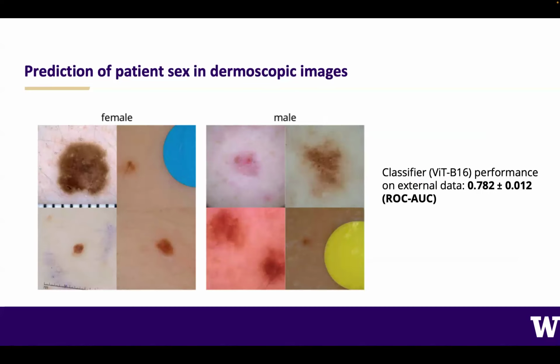We are able to train a ViT-based classifier with almost 0.8 AUROC on external test data. This is a task which is very difficult even for clinicians, so it's surprising that classifiers are able to do this task so well.